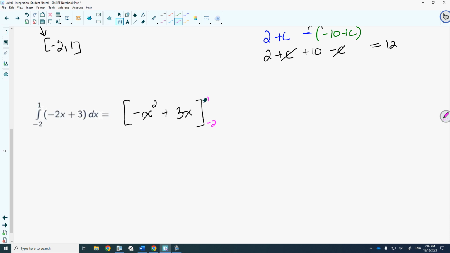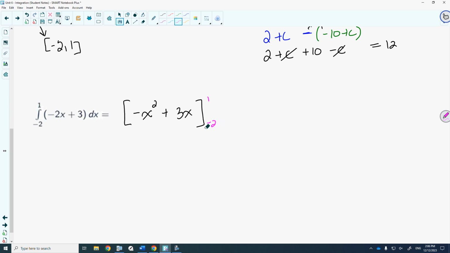When I see this notation, what it's telling me is that we have not yet substituted the upper and lower limits of integration into our antiderivative. This is big F of x, but we have not yet substituted them in.